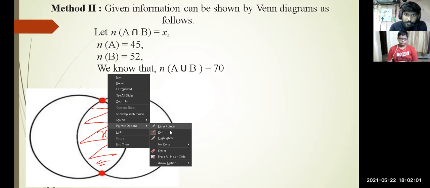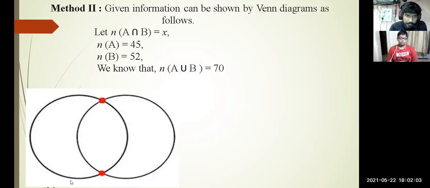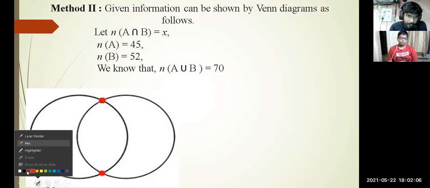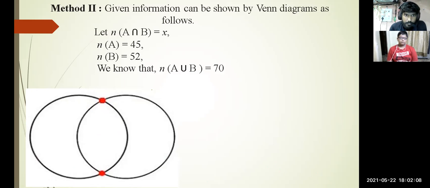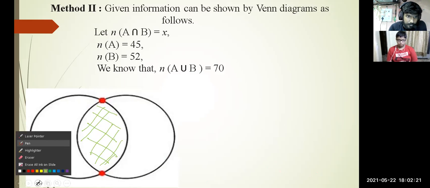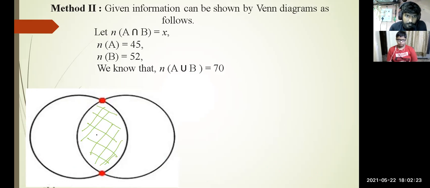Better, I'll use some different colors. This portion marked in green is X. Now, this entire circle is A and this entire circle is B. Number of elements in A is 45.